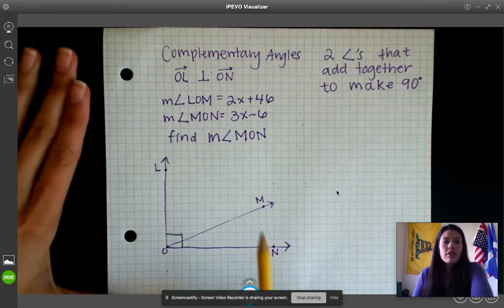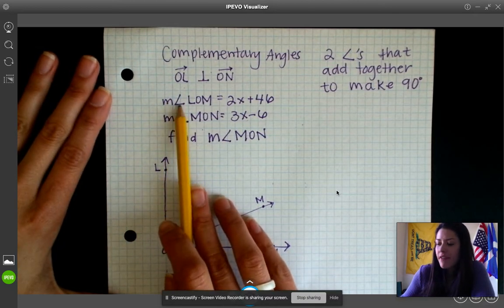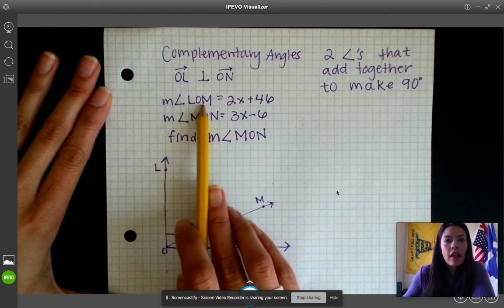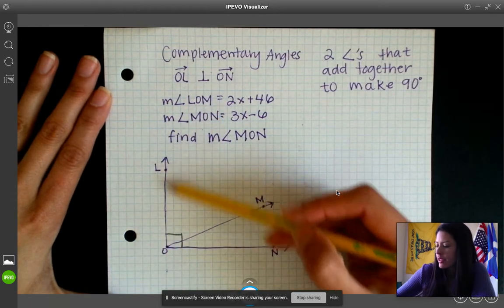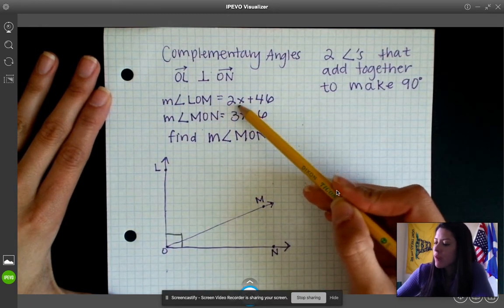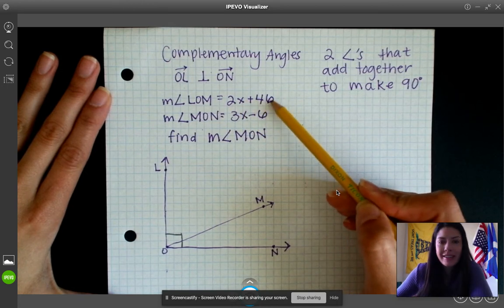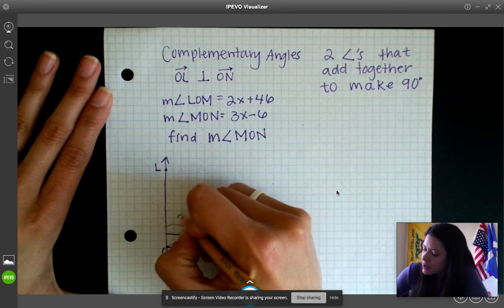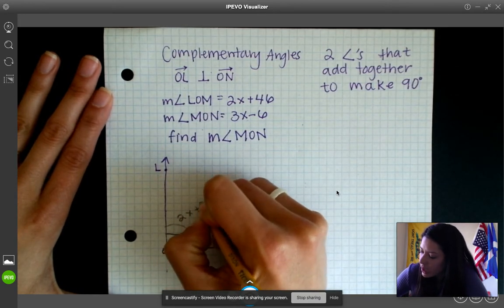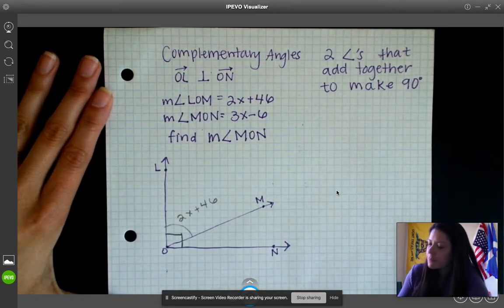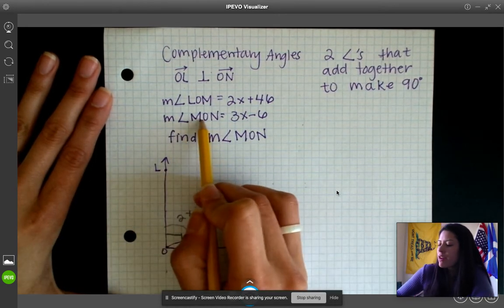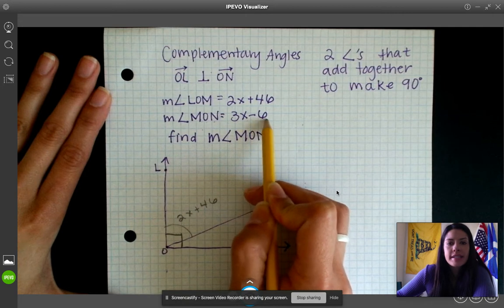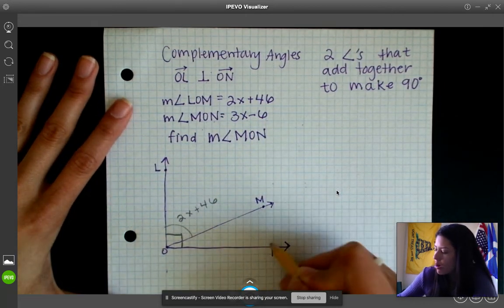So this says the measure of angle LOM, the M just means measure, is 2x plus 46. Measure of angle MON is equal to 3x minus 6.